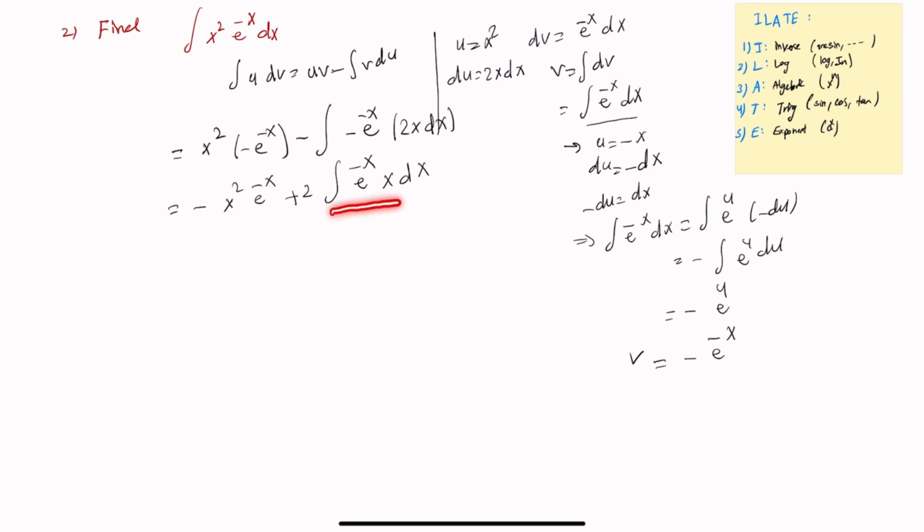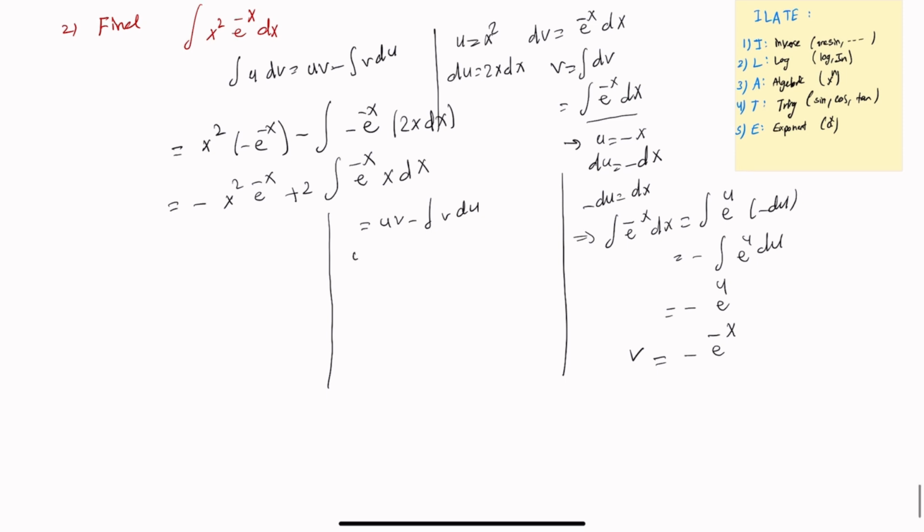Now note in here, to solve this integral, I'm gonna also do integration by parts a second time. So this integral is going to be equal to uv and then minus the integral of v du, and we have to set what u and dv are for this integral.